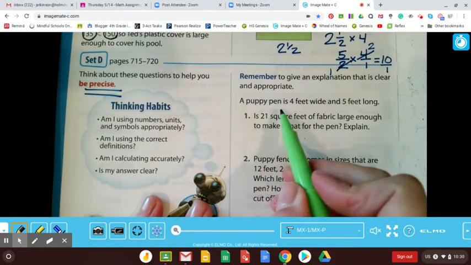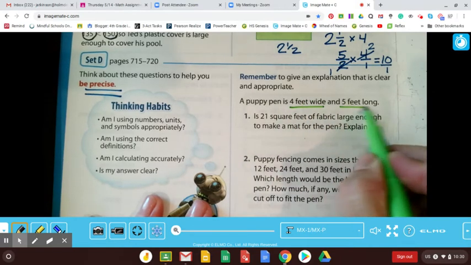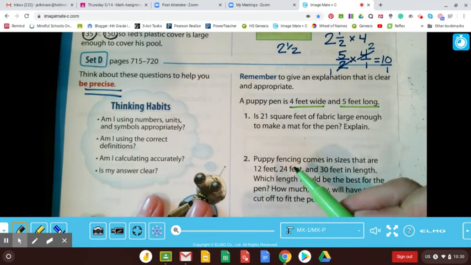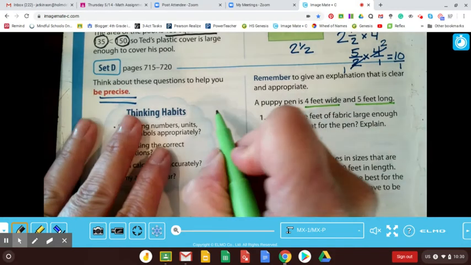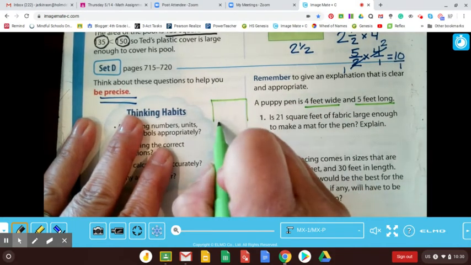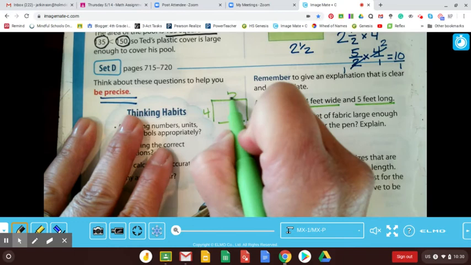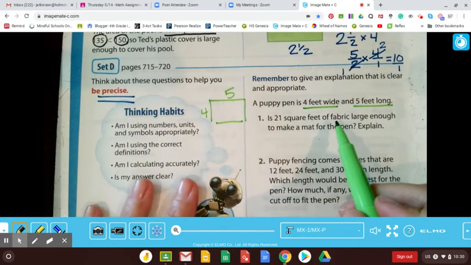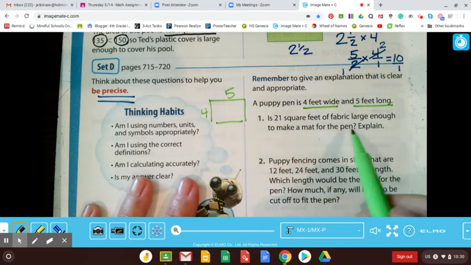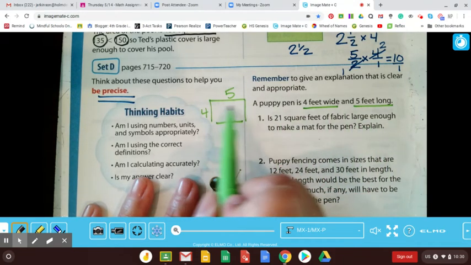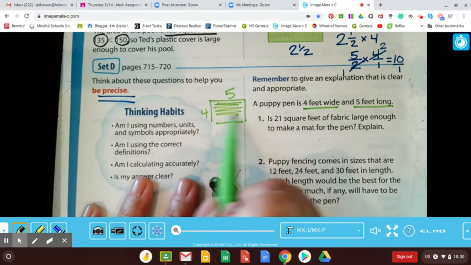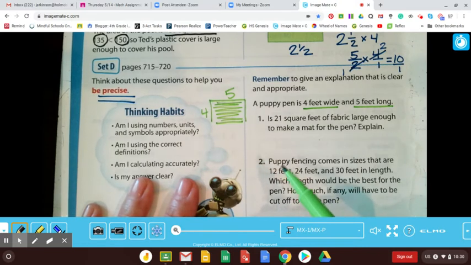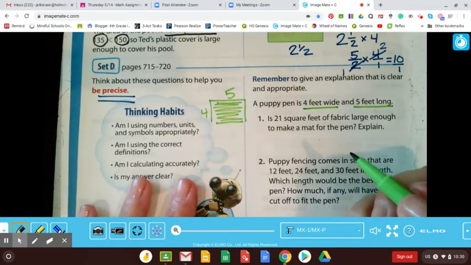All right. A puppy pen is 4 feet wide and 5 feet long. Okay, so again, I like to draw pictures. Here's my little puppy pen, 4 feet wide, 5 feet long. Is 21 square feet of fabric large enough to make a mat for the pen? So a mat would lay down on the inside, so really we're finding the area, right?